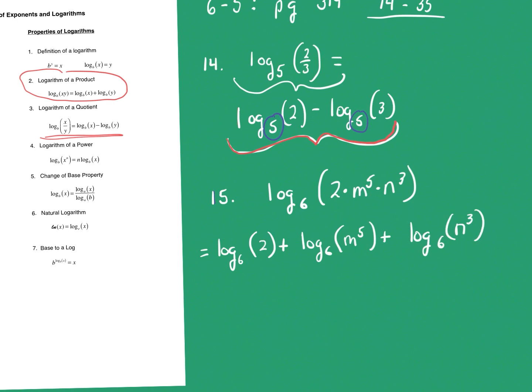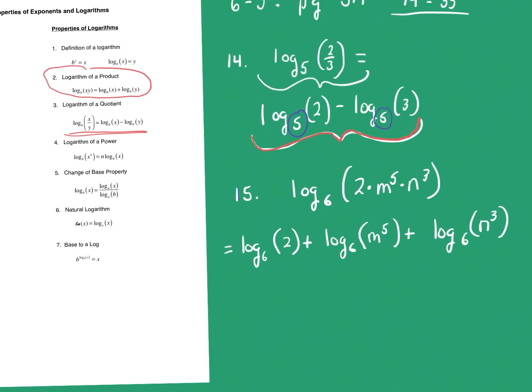Okay, so that's nice and expanded, but they're actually going to want us to take another step here, because we can use our logarithm of a power property, property number 4 over here on the left, and we can use that to move this 5 out front and this 3 out front.